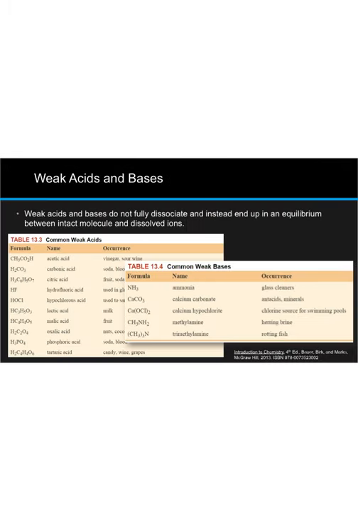There are many examples, however, of acids and bases that don't fully dissociate, that weren't part of the list on the previous slide. All of the things that weren't on the list on the previous slide we consider weak acids or weak bases.